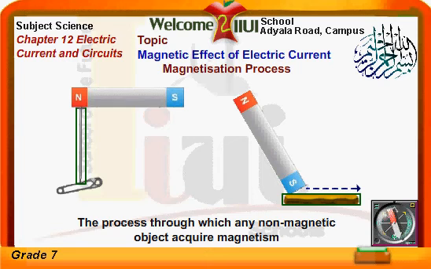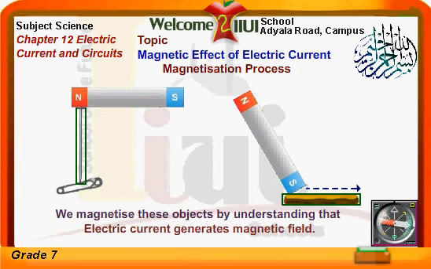This can also be called the process to magnetize any non-magnetic objects. So in these processes, we are magnetizing the ferromagnetic objects. So we magnetize these objects by understanding that electric current generates magnetic field.